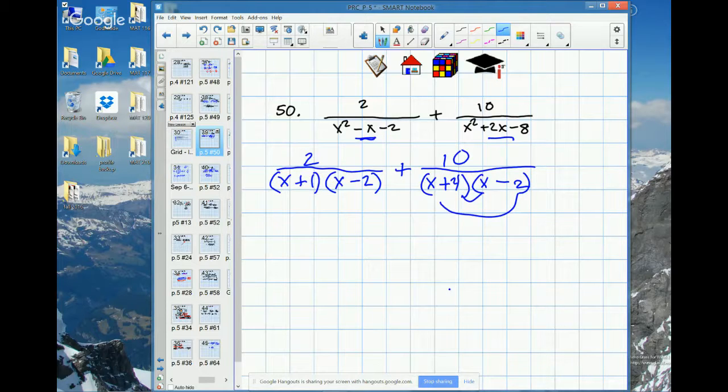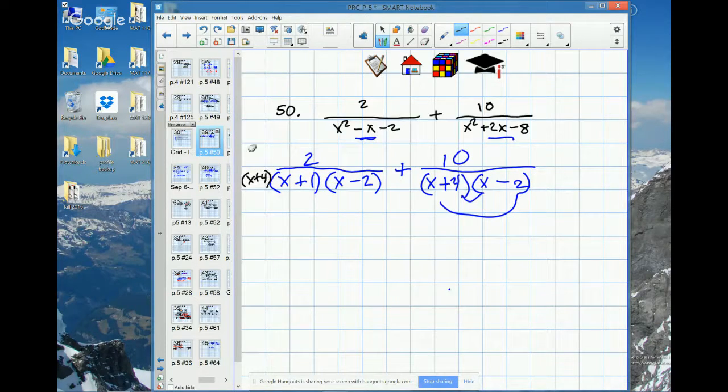So now I know my two denominators. They're obviously not the same, right? Now, what do I need to get a common denominator? What do I need in the first denominator? Don't I need an x plus 4 over here that the second fraction has?